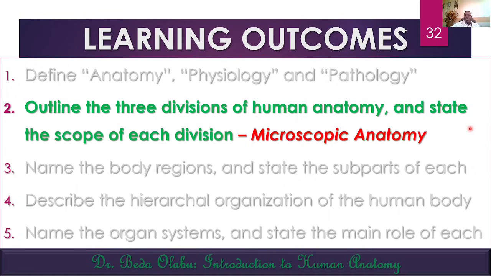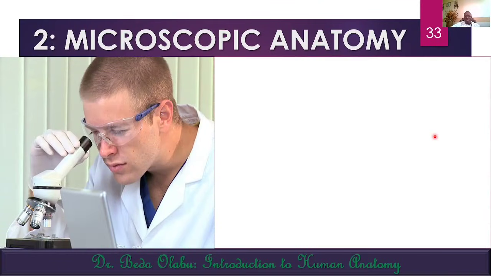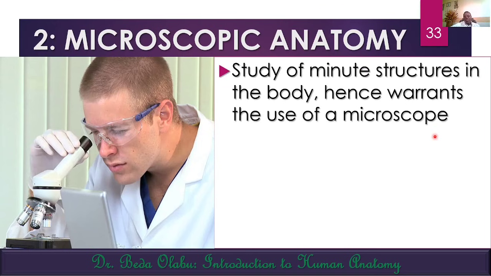Now I want us to then look at the second division of anatomy, which is microscopic anatomy. The second and the third division are going to be pretty short, don't worry. So microscopic anatomy is the study of those minute things that your eyes can't see, those tiny things that your eyes cannot appreciate if you're using just the naked eye or spectacles, but they're still parts of the body.